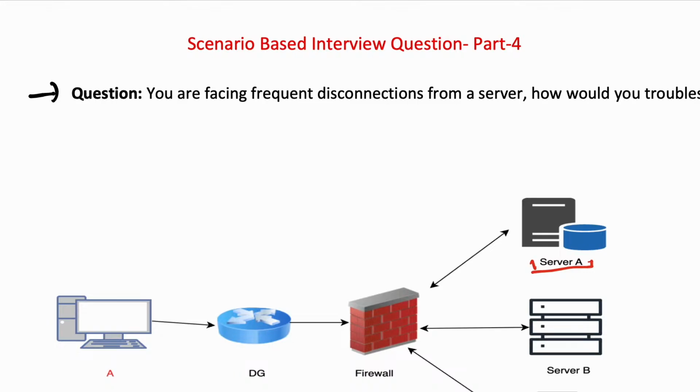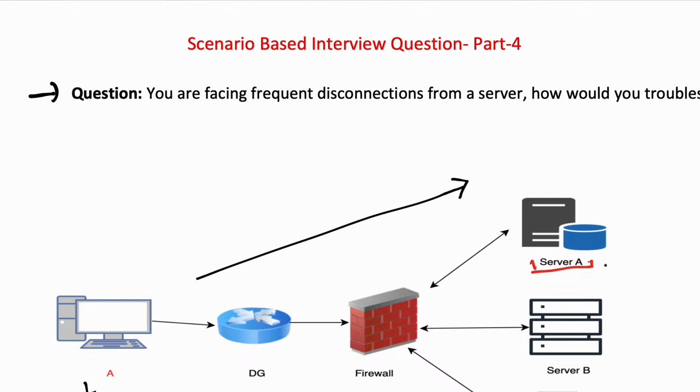So for this, what you would say next is, I understand reachability, and what I understand by reachability is I'll put on a continuous ping from client A to the server directly.